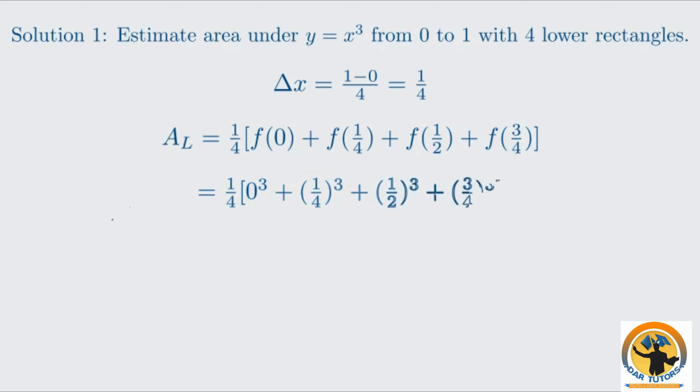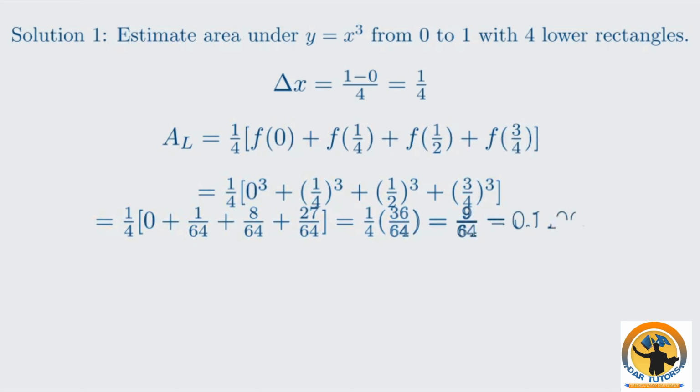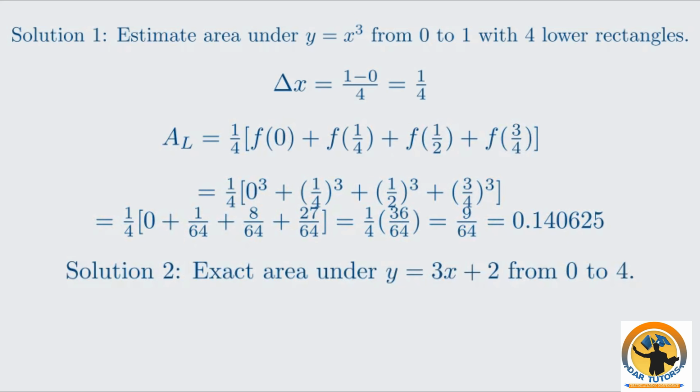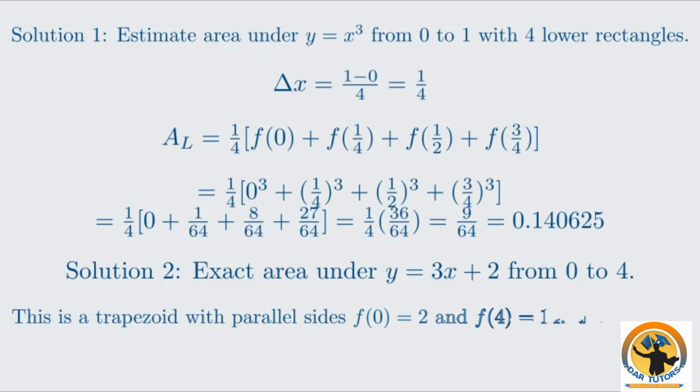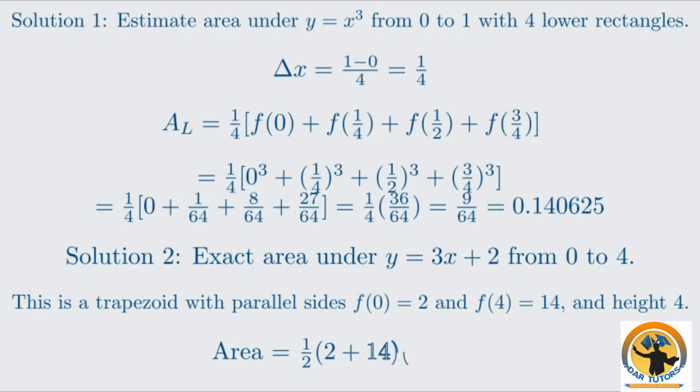Calculating these values and summing them gives an area of 0.015625. For question 2, the area under the line y equals 3x plus 2 from 0 to 4 forms a trapezoid. The parallel sides have lengths f of 0 equals 2 and f of 4 equals 14. The height is 4. Using the trapezoid area formula, we get 32.